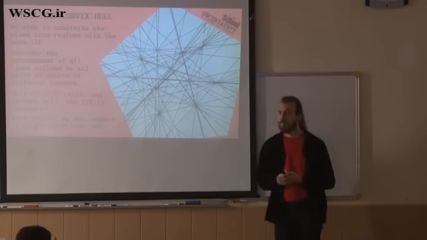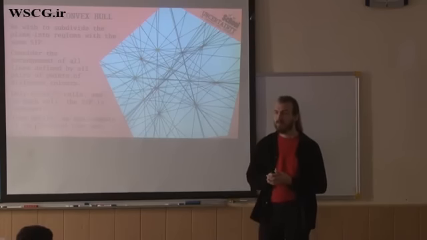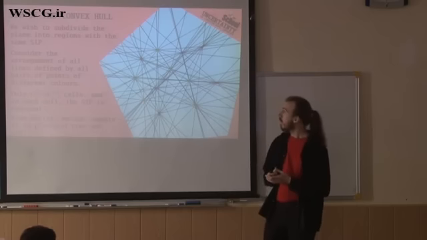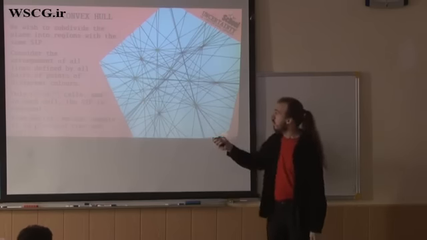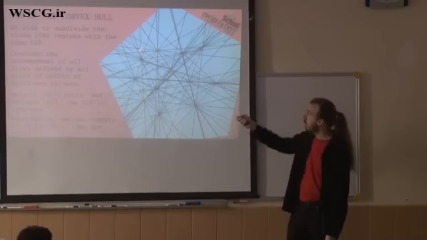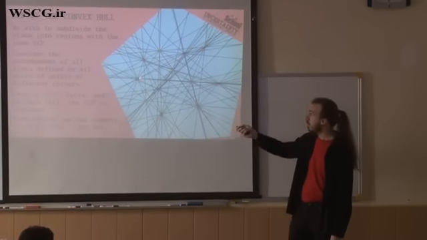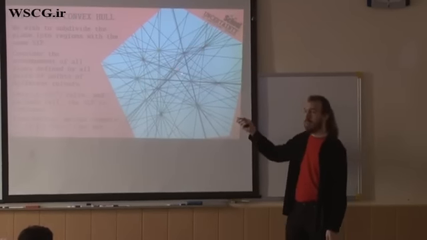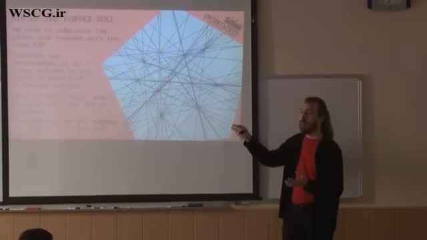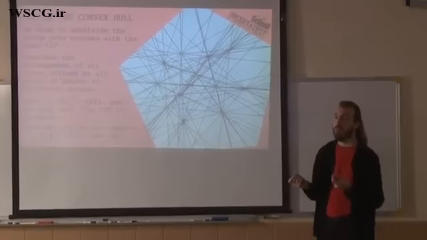Yes? Your problem doesn't depend on the distribution, isn't it? Different distribution, you have the same result. Yes, yes. So it's working for discrete probability distribution, but it is not necessary that the probabilities of each point are equal.